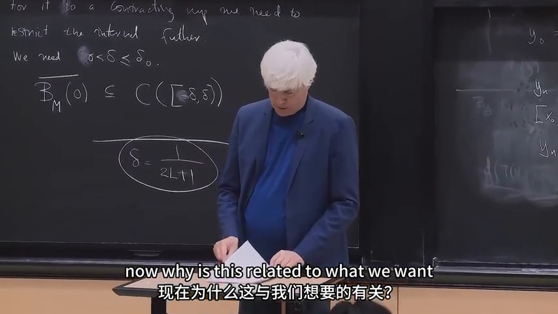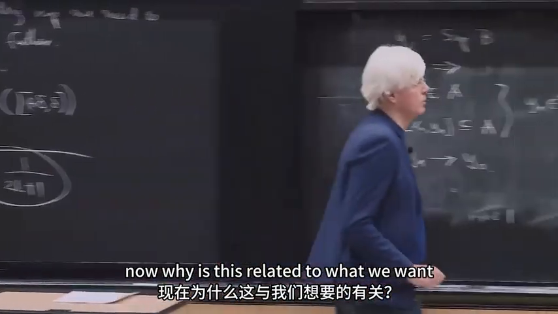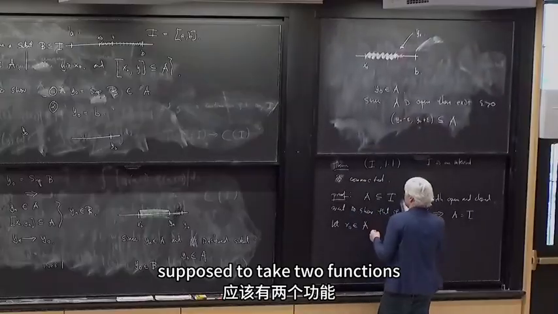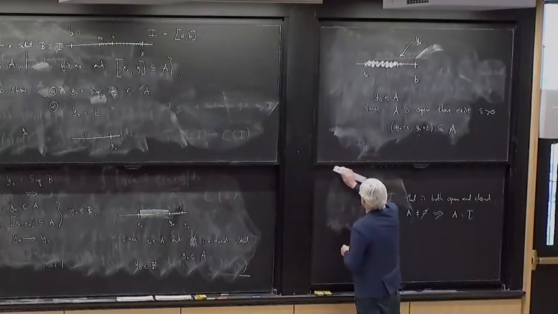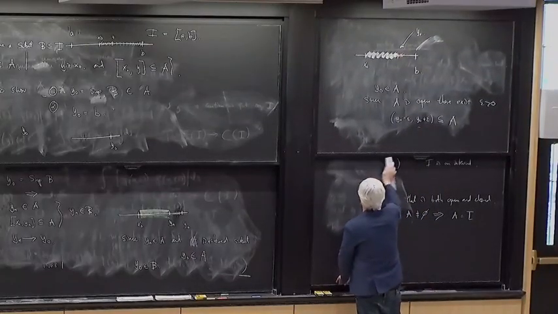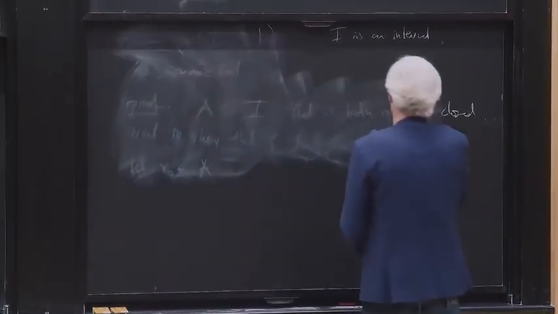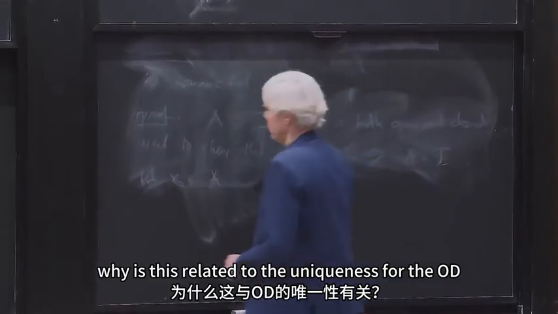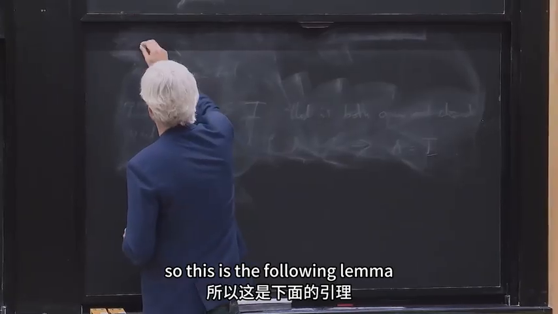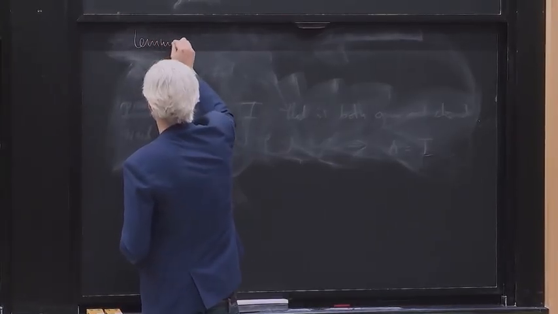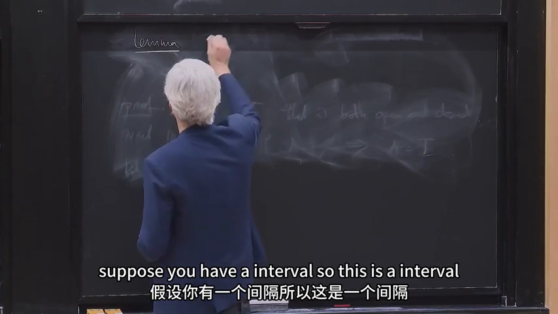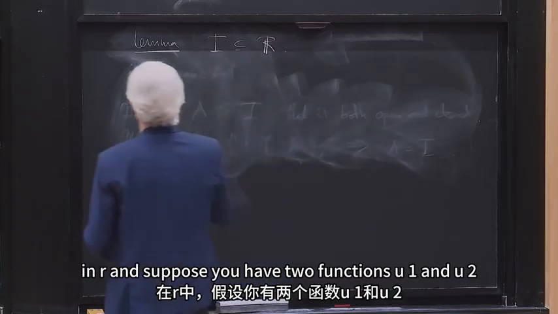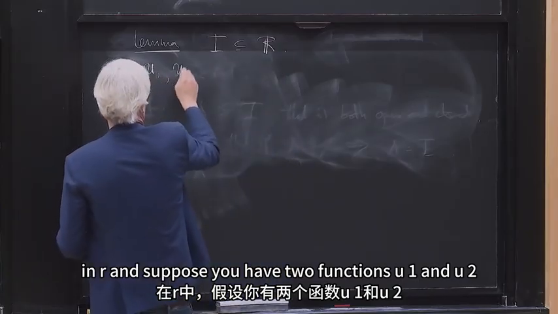Now, why is this related to what we want? Suppose you take two functions. Why is this related to the uniqueness for the ODE? This is the following lemma. Suppose you have an interval in R, and suppose you have two functions, u1 and u2.